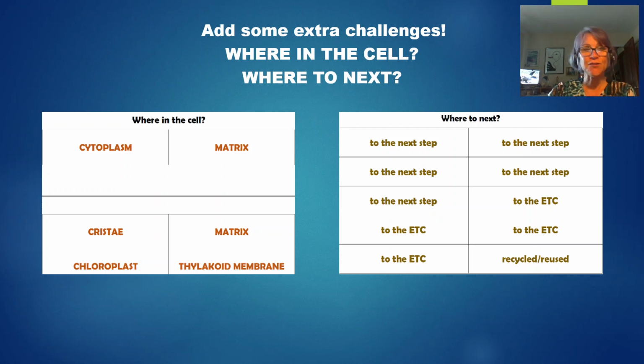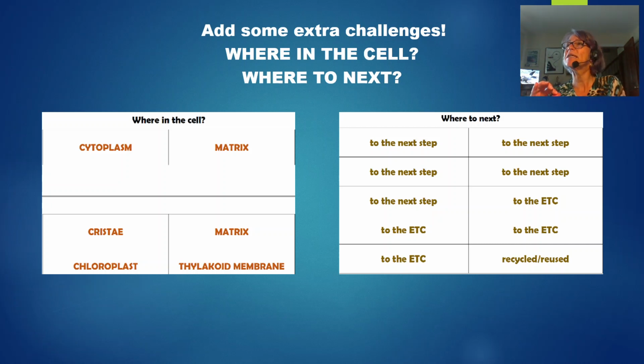Then if you want to add an extra challenge, you can cut out these other cards. Where in the cell? So where in the cell do the different steps take place? Is it in the cytoplasm in the cell? Is it in the mitochondrial matrix? Or is it on the cristae, the inner membrane of the mitochondria? Is it in the chloroplast? Is it on the thylakoid membrane?